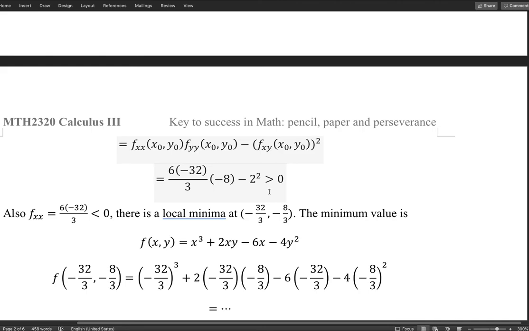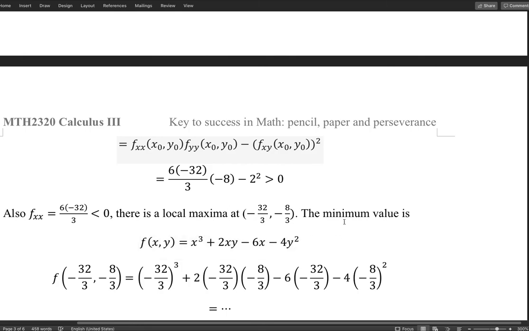And then, according to the second derivative test, when the determinant is positive and the second order partial derivative is negative, then we have a local maximum. As I just said, the second order partial derivative is negative, which means the graph is opening downward. So really, this should be a maximum.